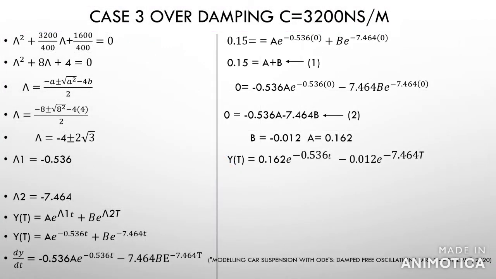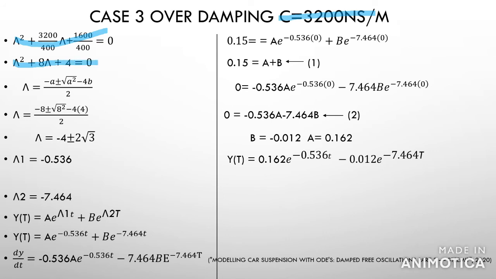And the last case is case number 3, which is the overdamping case. So for this case, I make my damping constant 3200. Use the same equation again, and so I substitute the values: lambda squared plus 8 lambda plus 4 equals 0, which cannot be factorized.